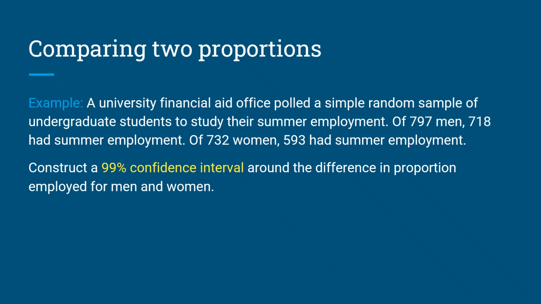And these proportions will become an estimate of the population parameter for these statistics to allow them to estimate the probability that future cohorts will be employed in the summer, and they can consider these differences by students' gender. And we can construct a 99% confidence interval around the difference in proportions employed for men and women.